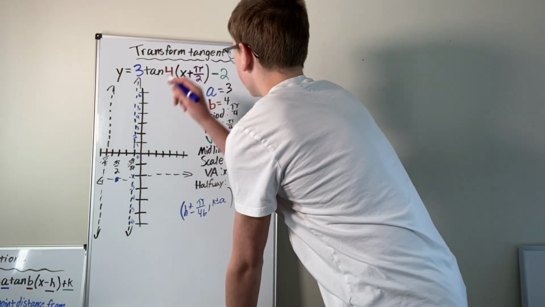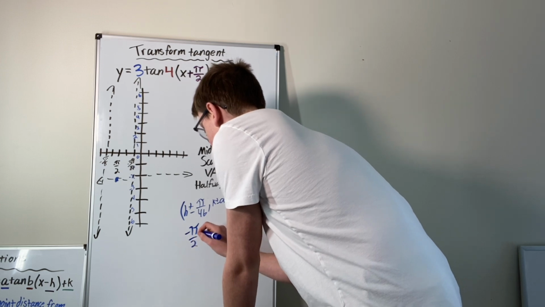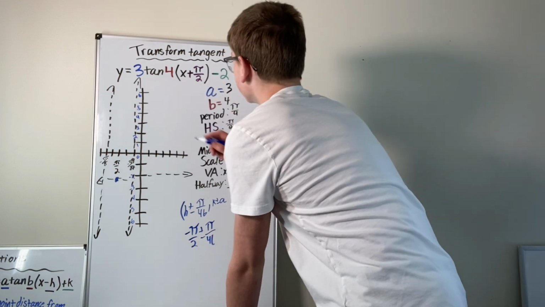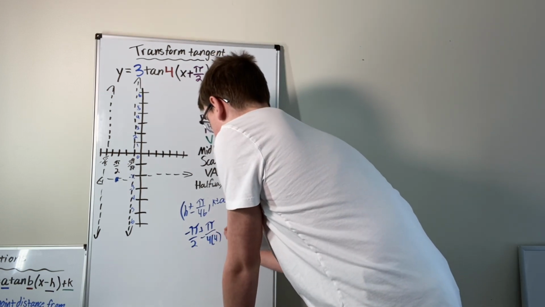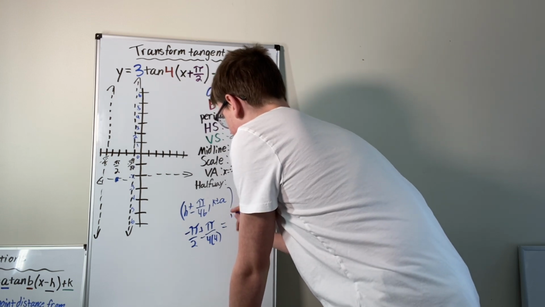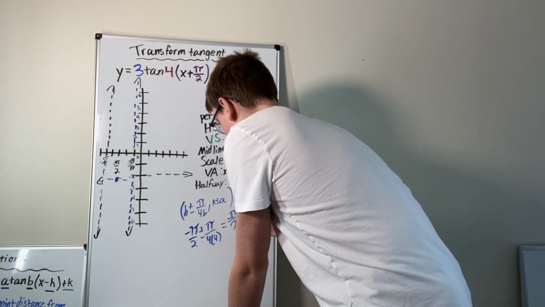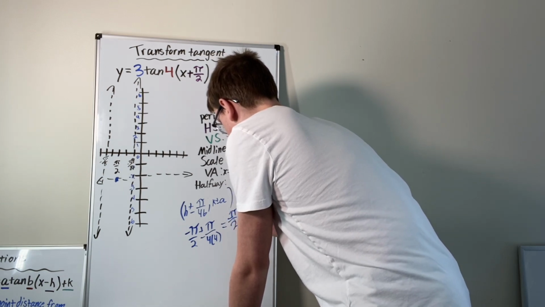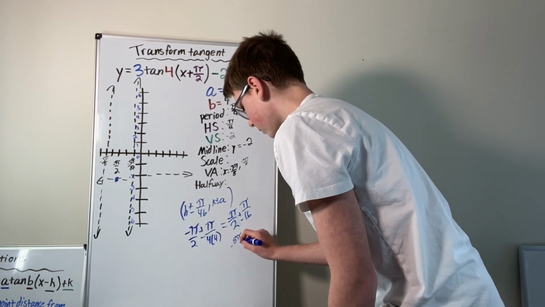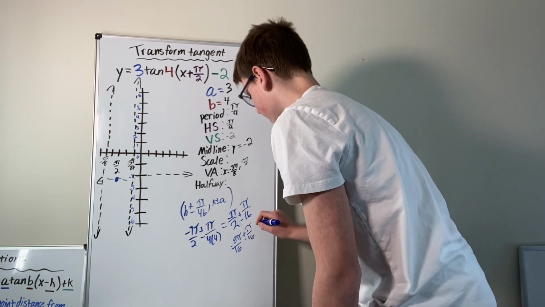So h is negative pi over 2 plus or minus pi over 4 times 4, which would give us negative pi over 2 plus or minus pi over 16, which is really negative 8 pi over 16 plus or minus pi over 16, getting a common denominator.